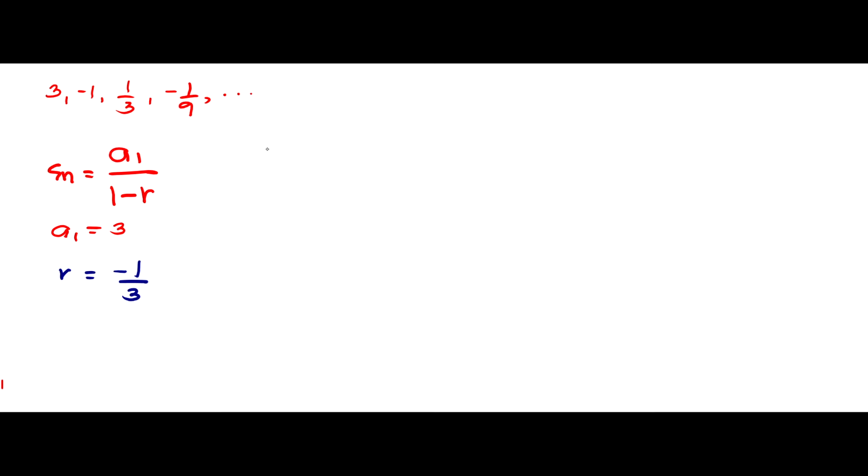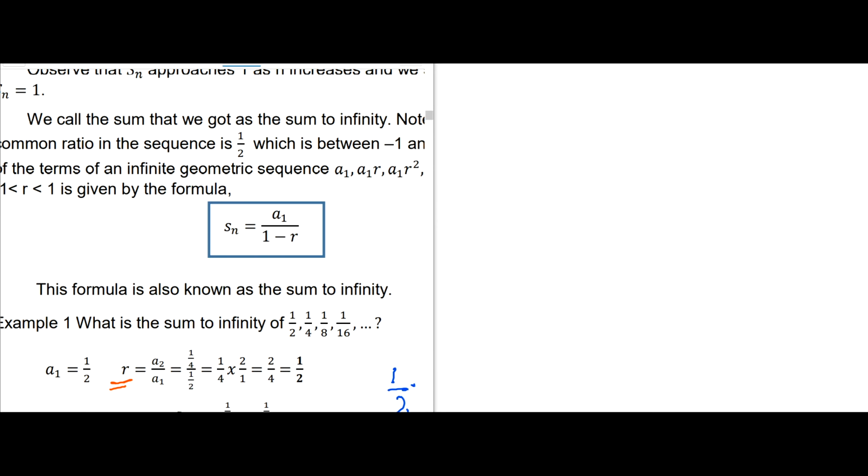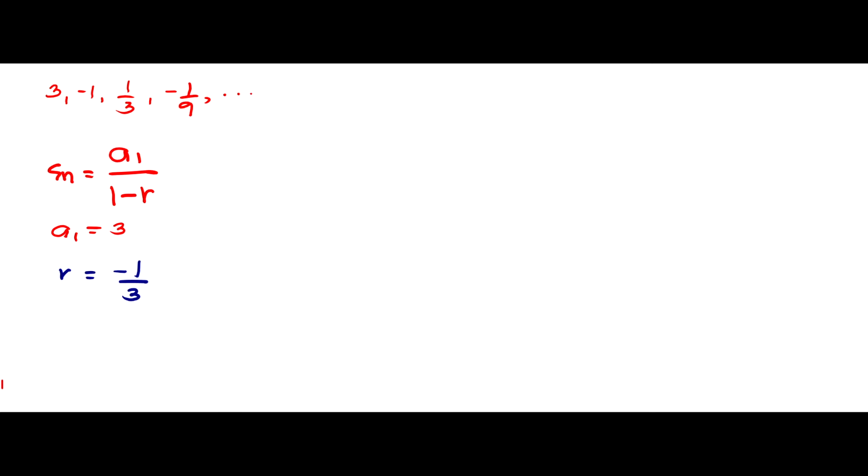Then, we substitute it to the formula. Ulitin natin, tingnan natin. Ayan, double check natin. S sub n is equal to A sub 1 over 1 minus R. So, tama. What is your A sub 1? 3 all over 1 minus, what's your R?